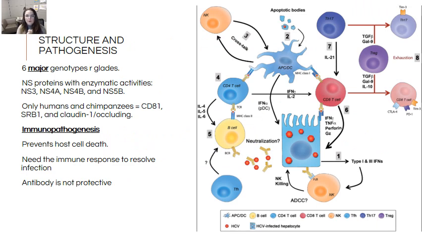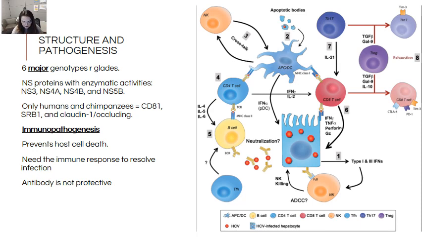Okay, so we are going to go through now what makes HCV the virus it is and why its replication and the dance it has with the immune response is so intrinsic to how it establishes chronic infection. As I already mentioned, HCV is a flavivirus, but it's not a flavivirus that is spread by mosquitoes like many of the others. This one is spread by blood and perinatal infection, things like that.